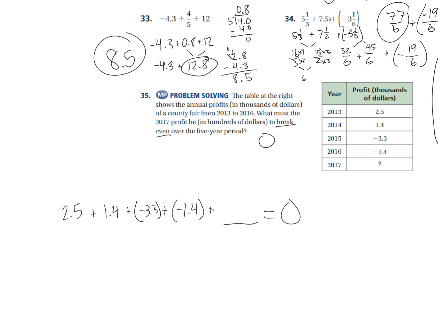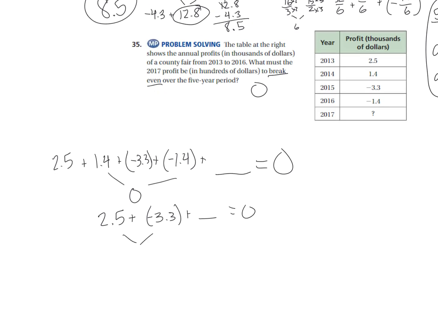Okay, let's take a look at some things. Well, first thing I notice, my 2014 and 2016 values are opposite, or 0 pairs, so I have a 0 there, meaning I can drop them out, and I'm just left with this, plus some number 0. Okay, these two added together, they have different signs. Take the absolute values of both of them, put the bigger one on top, subtract them out. We get 0.8.